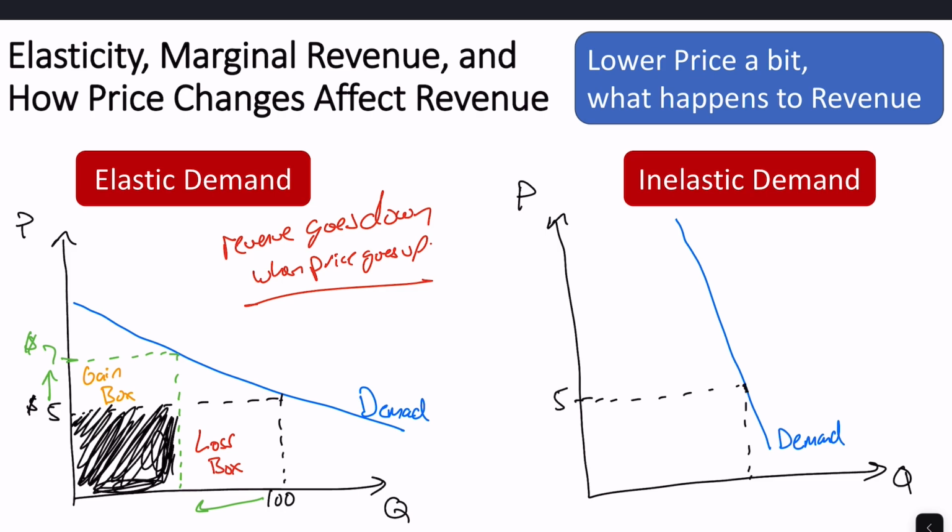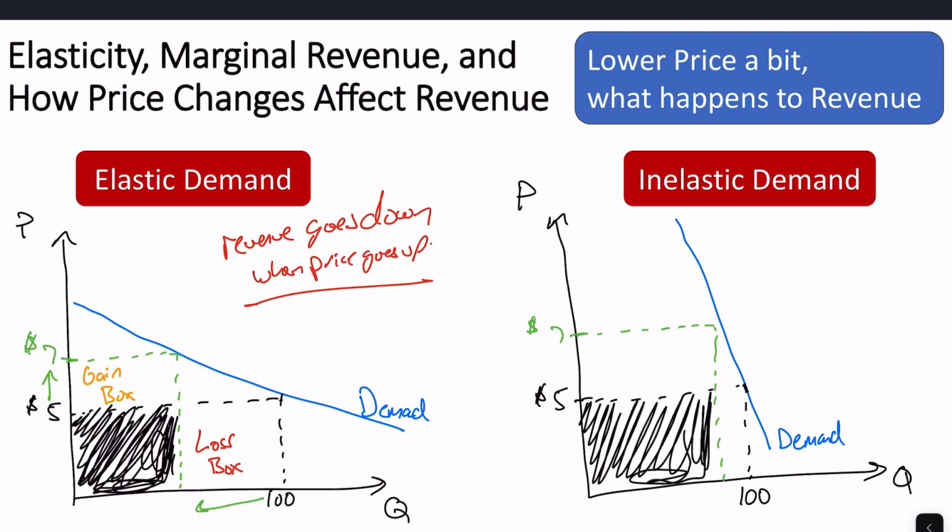So let's say that's $5. This is $100 or 100 units in quantity. I'm going to raise the price to $7. Like so. So between these two situations, the black and the green, this box here is in both. This is in both of those green and black boxes in revenue.